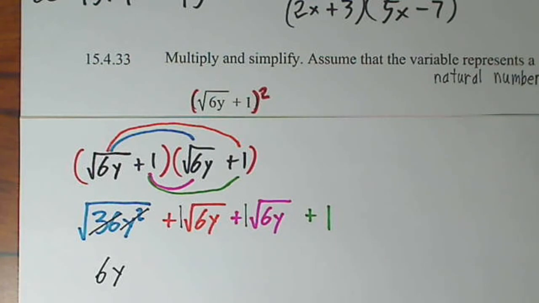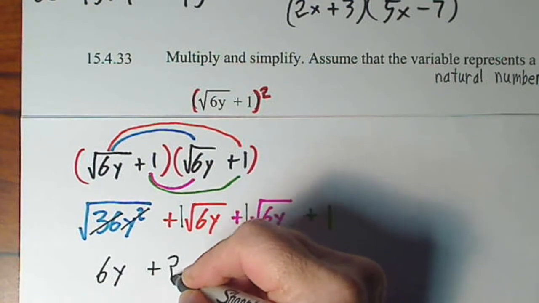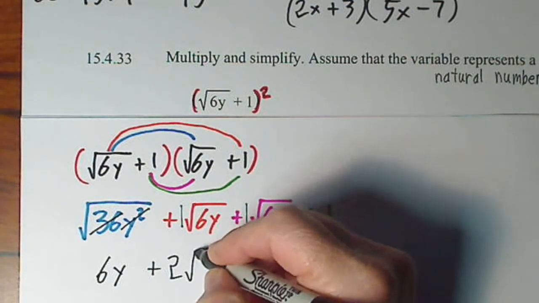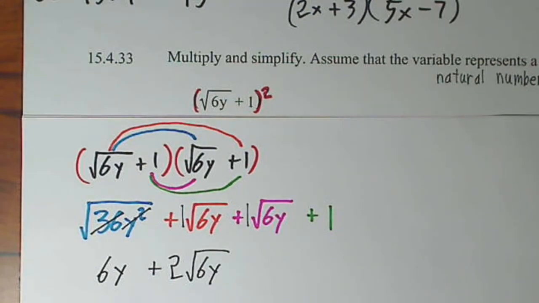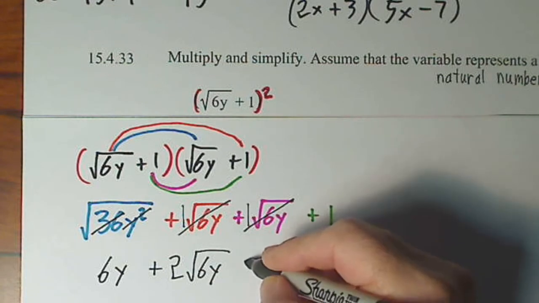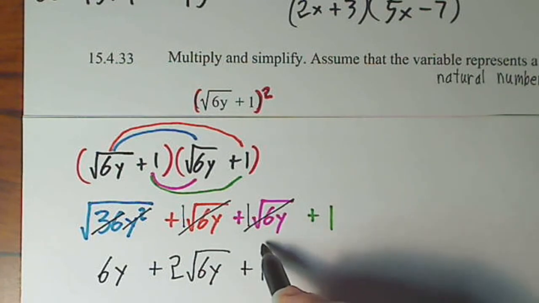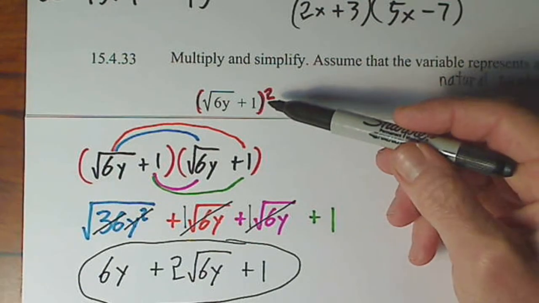So when we add them, we have 2 times radical 6y. And then plus 1 simply comes down. So this is the simplified form of the original expression.